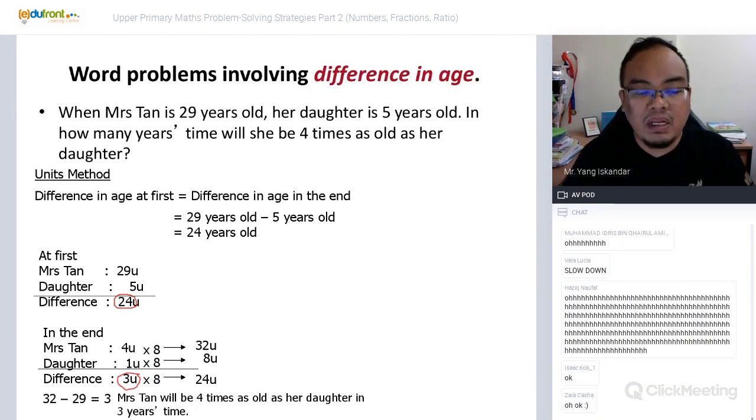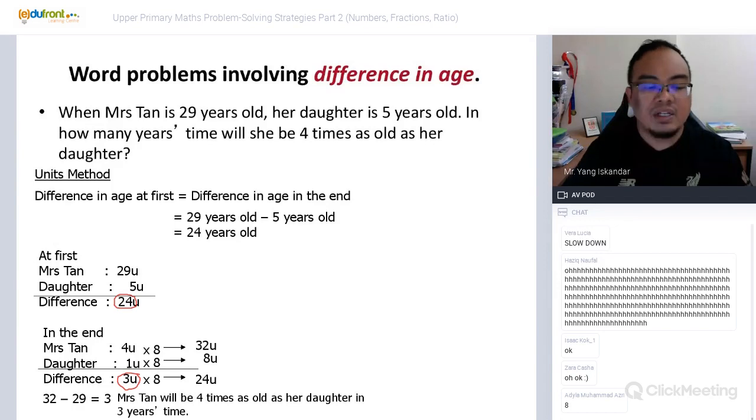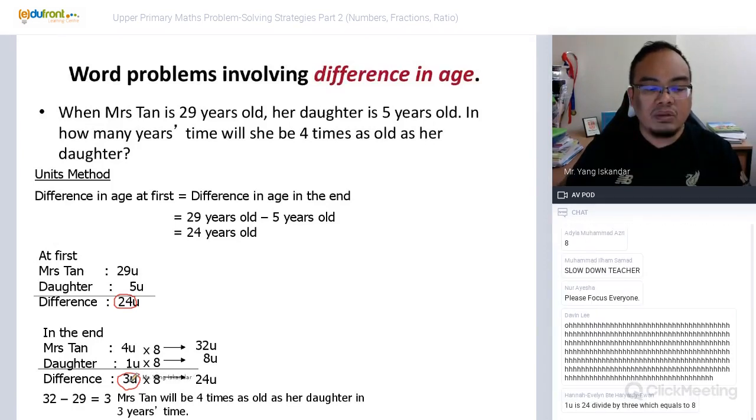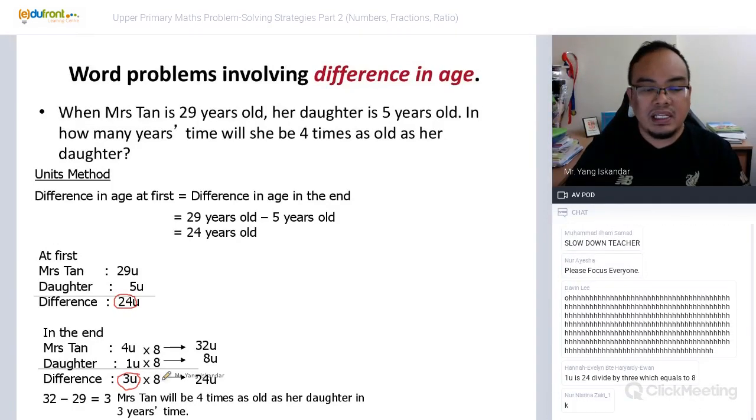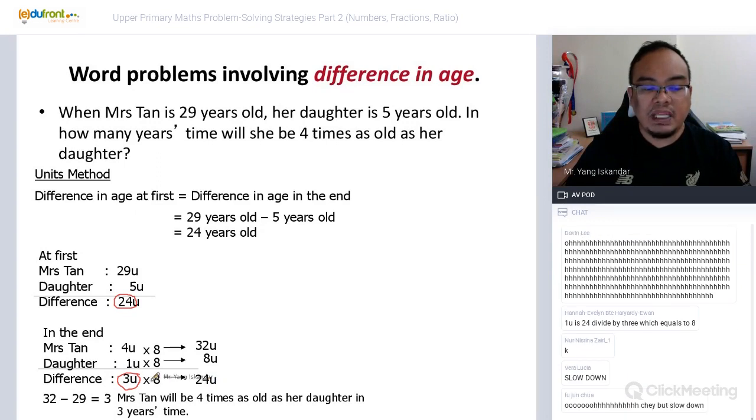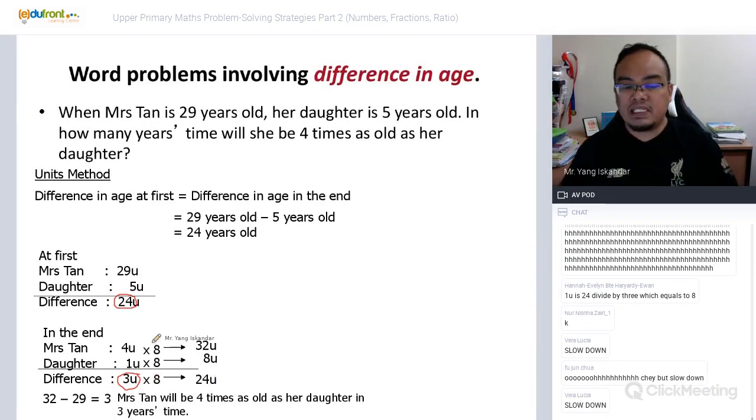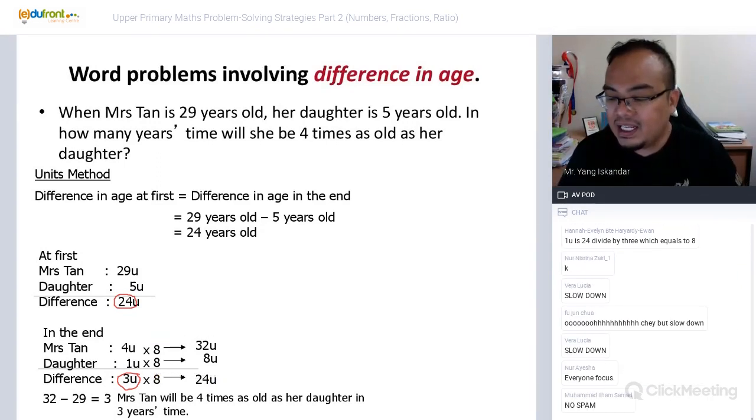What's the lowest common multiple of 24 and 3? It is 24, right? So how to get 24? 3 units times 8, I get 24. So if I multiply by 8 to here, everything also I must times 8. Okay, Vera?